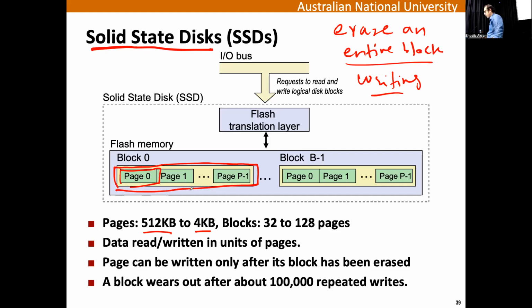So pages can be written only after the block has been erased. If you take a block that has been erased using a special technique, everything is 0, you can start writing your pages, but only once. You can write each page once. If you have to overwrite a page, you have to copy all the data to a different block that is erased. You have to erase the block and then write again.